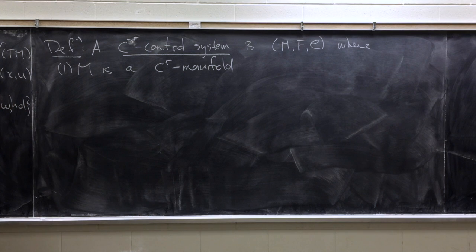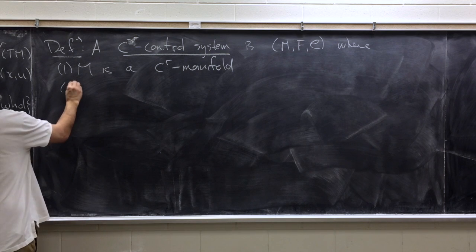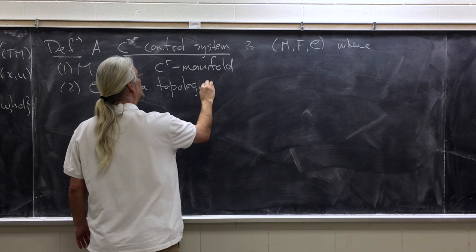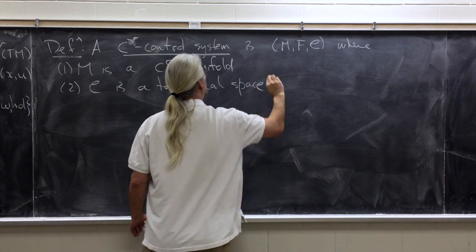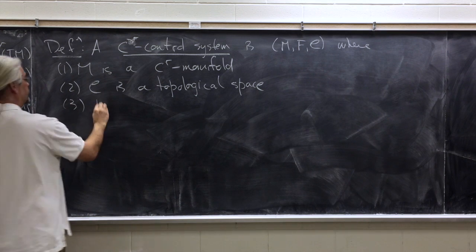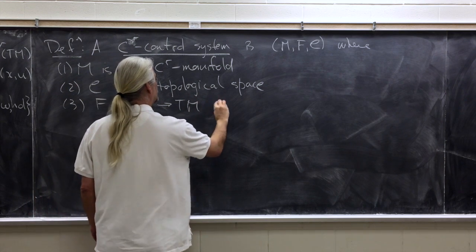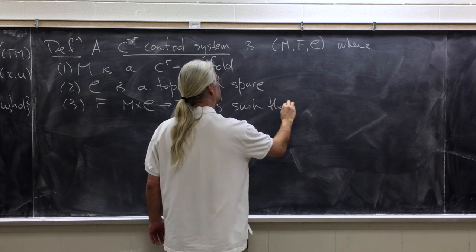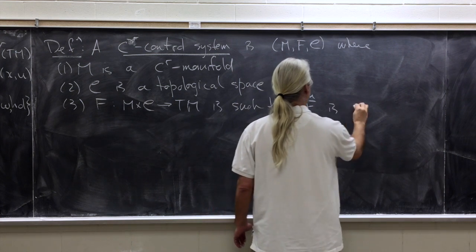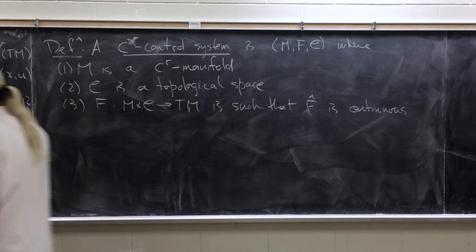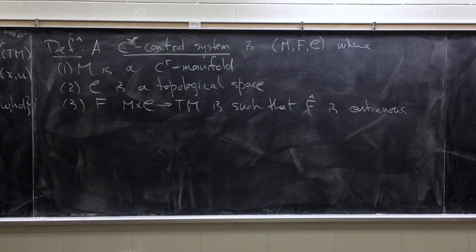Okay, so it's a triple, M, F, and C, where there are all these things that I talked about. Okay, and F. Okay, so the third property here is really the interesting thing, and that's really what tells us what are the properties of this map.